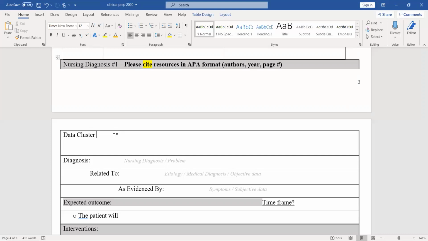So for example, one of the examples I used in class was a COPD patient.